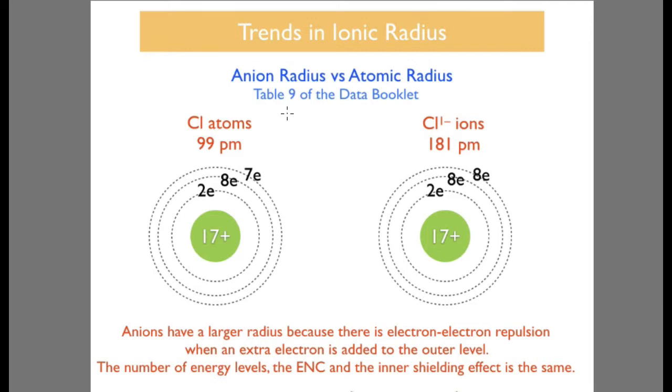When an extra electron is added to the outer shell, you get electron repulsion, and the overall ion has a negative charge, obviously. You'll notice that the number of energy levels is the same in both, and the effective nuclear charge, if you did the maths, is the same, and the inner shielding effect is the same. So when explaining this, you explain solely by this electron-electron repulsion that's occurring, which makes the ion larger.